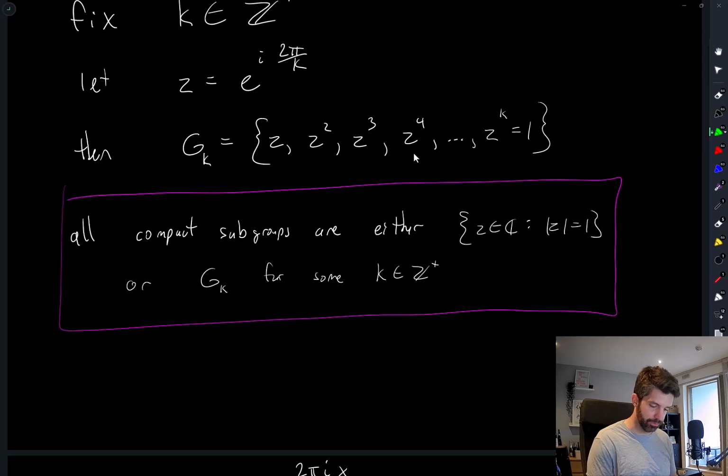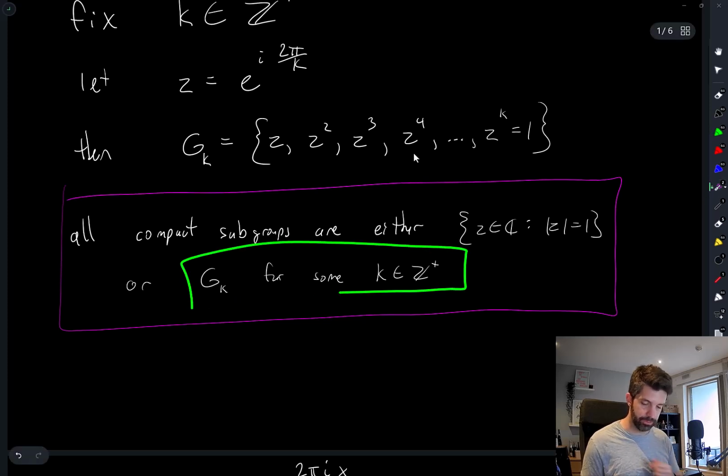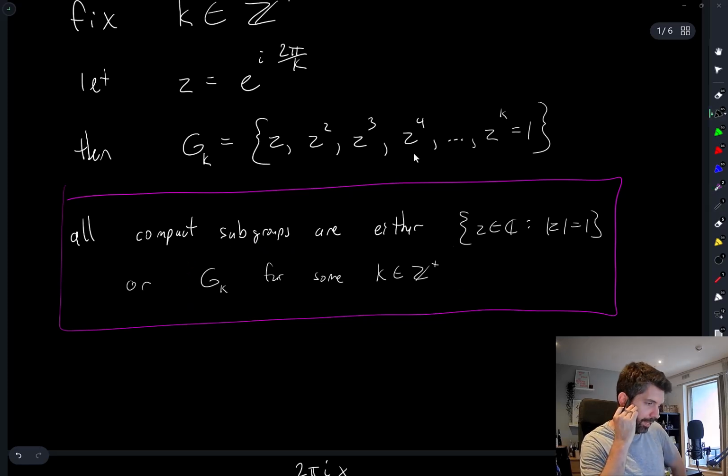All the compact subgroups are either the entire circle or one of these cyclic collections of numbers. I just can't see how you could have another infinite subgroup without having some kind of weird contradiction where the limit points aren't in the subgroup or something like that.